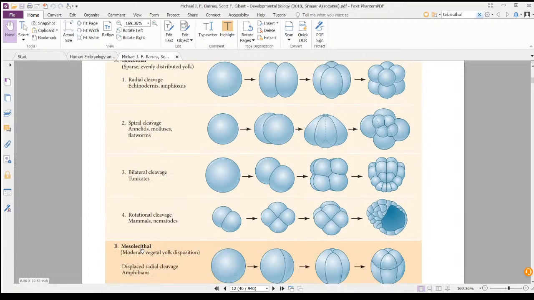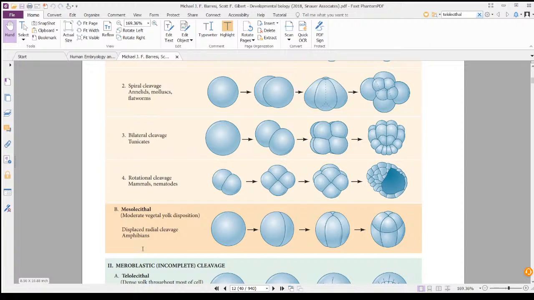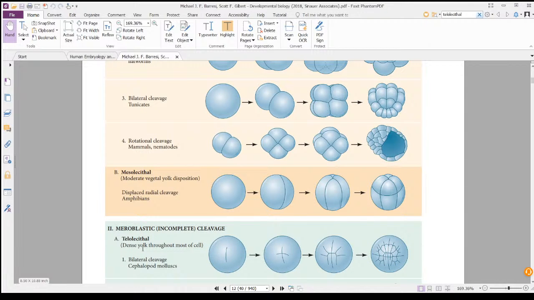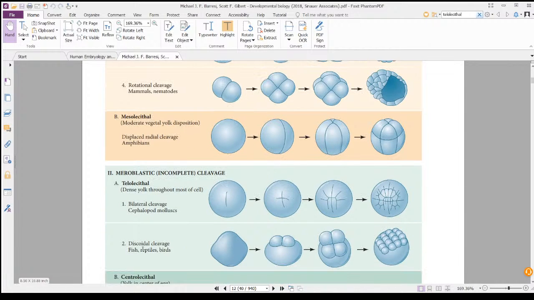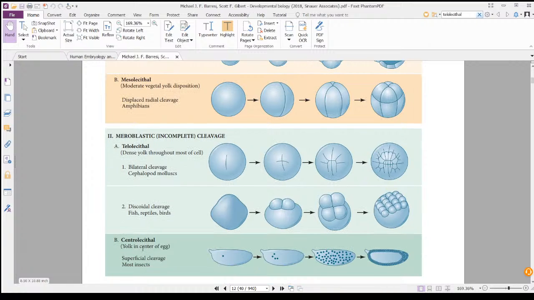Under holoblastic, iso and meso will come in the NEET examination, not the subparts. Meroblastic is telo and centro. So this much you should know for the NEET examination at least.